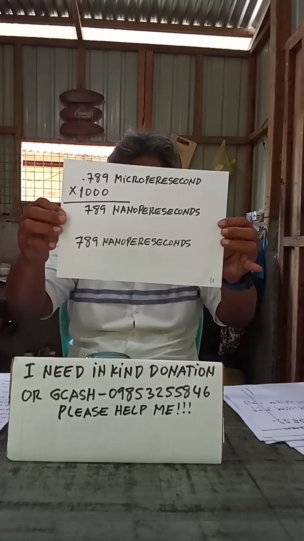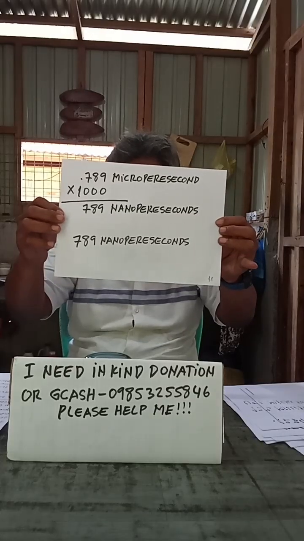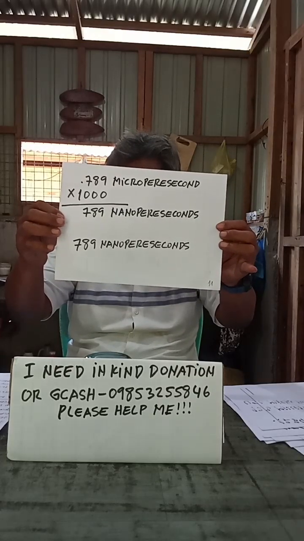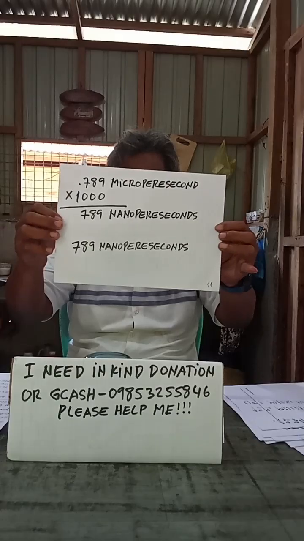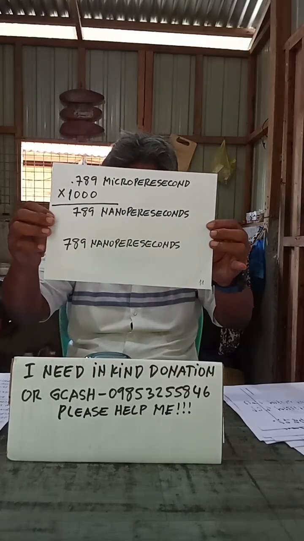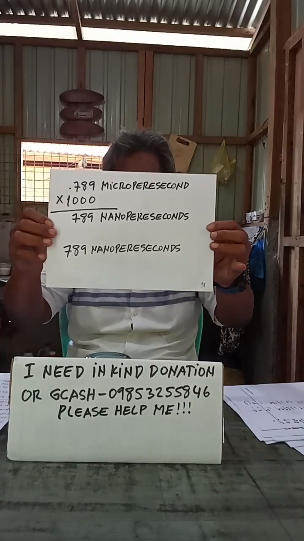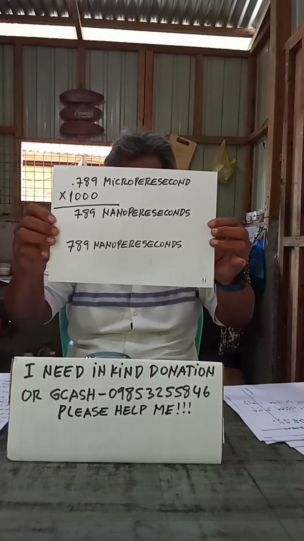So multiply the decimal microperesecond by 1,000 or move 3 decimal places to the right and the product is 789 nanoperesecond. So we have now 789 nanoperiseconds.